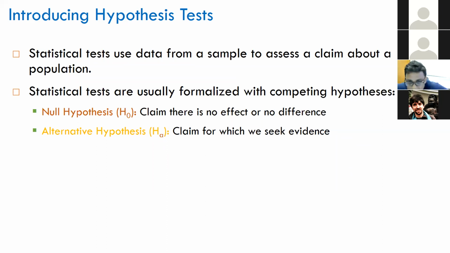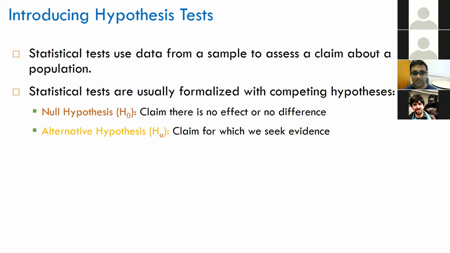The null hypothesis is basically, null means nothing, right? So the claim is there's no effect or no difference. If you don't remember, just understand null is nothing, so no difference. So alternative is there's something. So that's the difference between null and alternative hypothesis. Null hypothesis, nothing. Alternative is there's something.